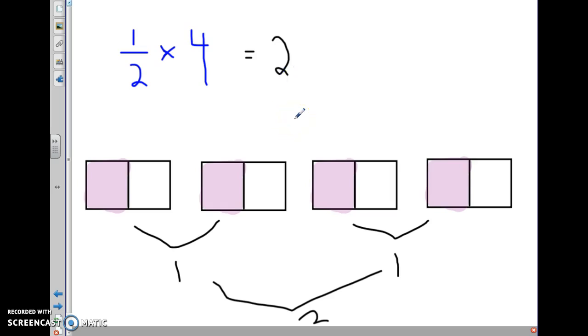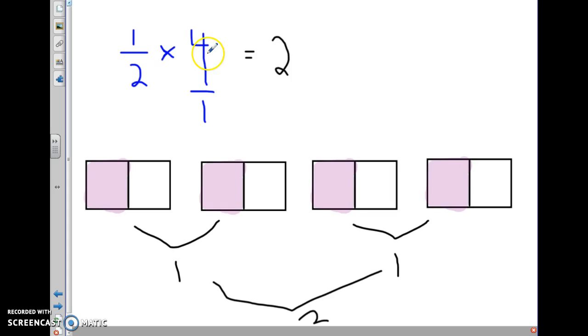So something that I want to show you as far as when you're multiplying fractions and whole numbers, and just when you're looking at whole numbers in general, that of course when we look at a whole number we just see that whole number, right? But if we were to change this whole number to an improper fraction, it would look like this.